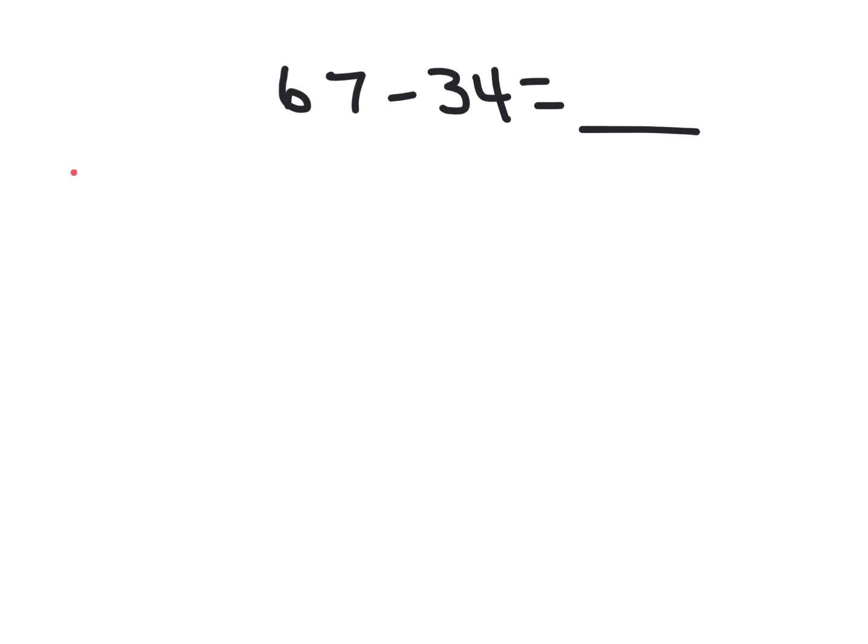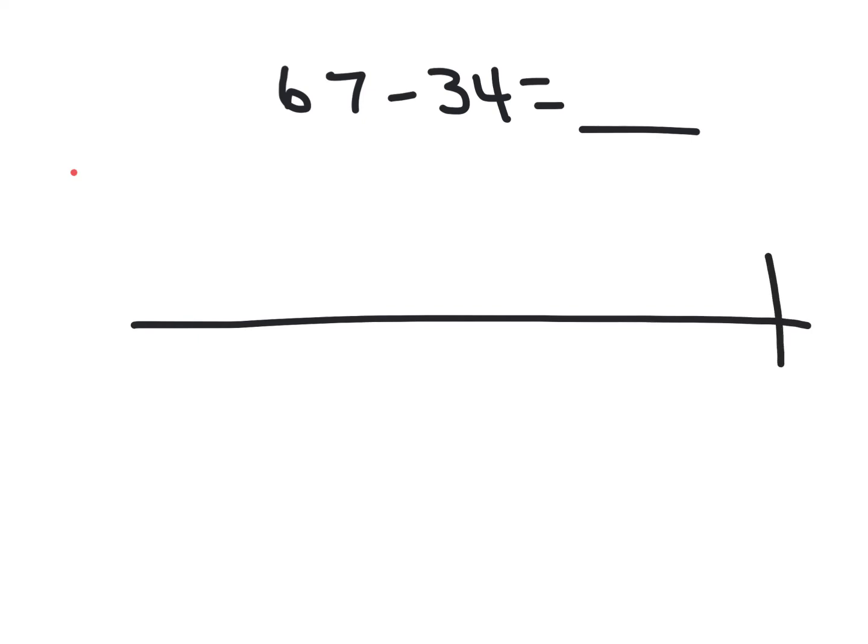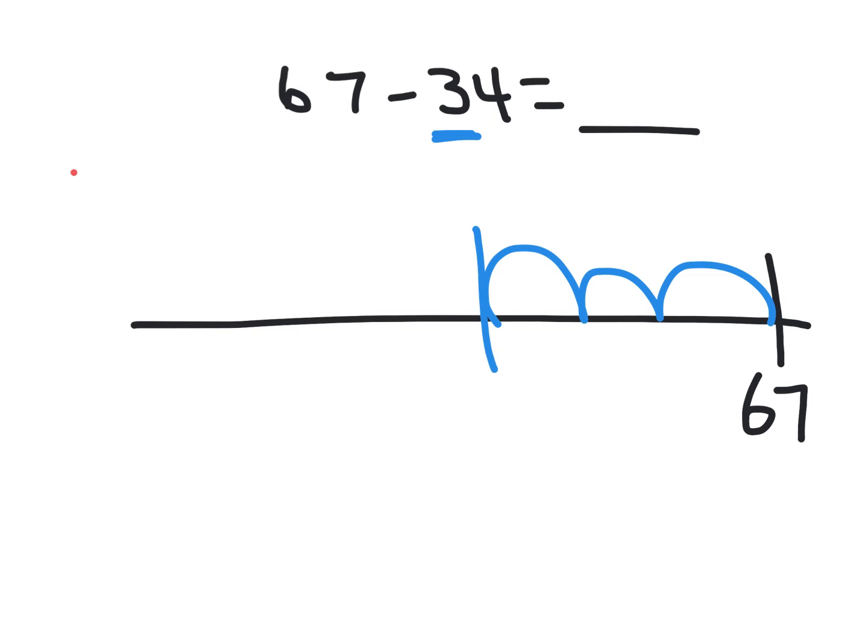Okay, so now we'll be solving for 67 minus 34. Go ahead and make your open number line. We'll start with the number 67. We'll jump backwards 3 tens. So 10, 20, 30, right there.